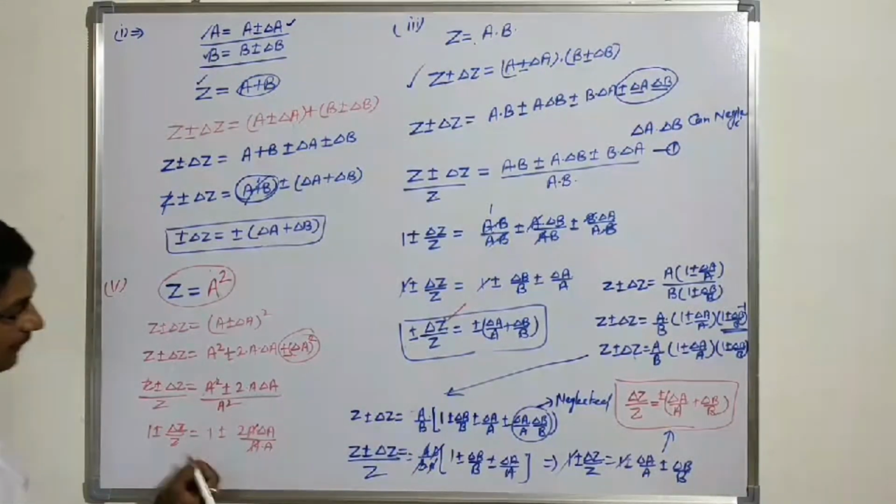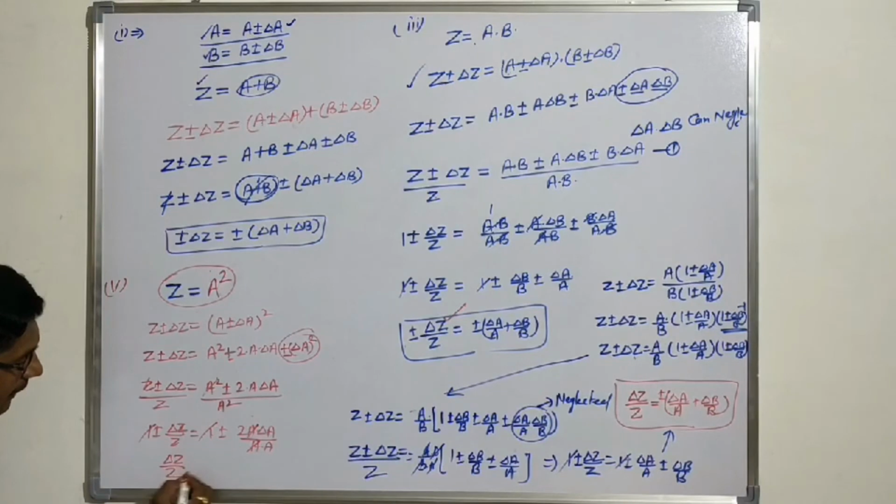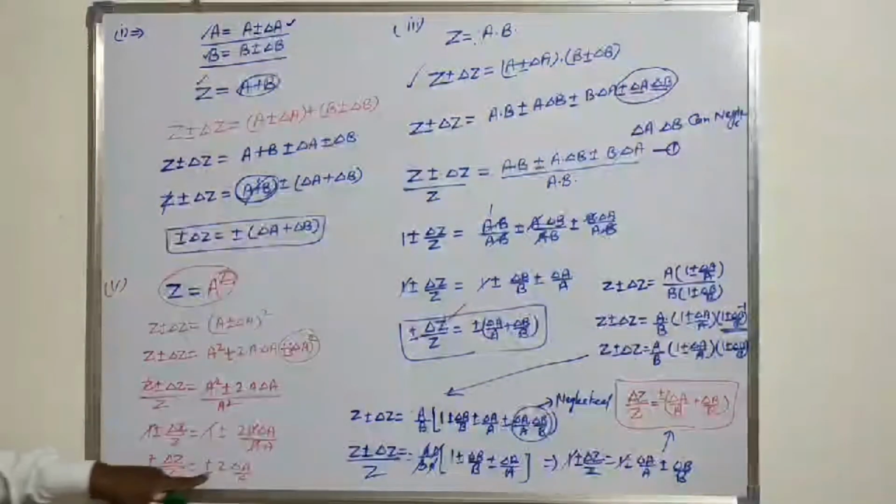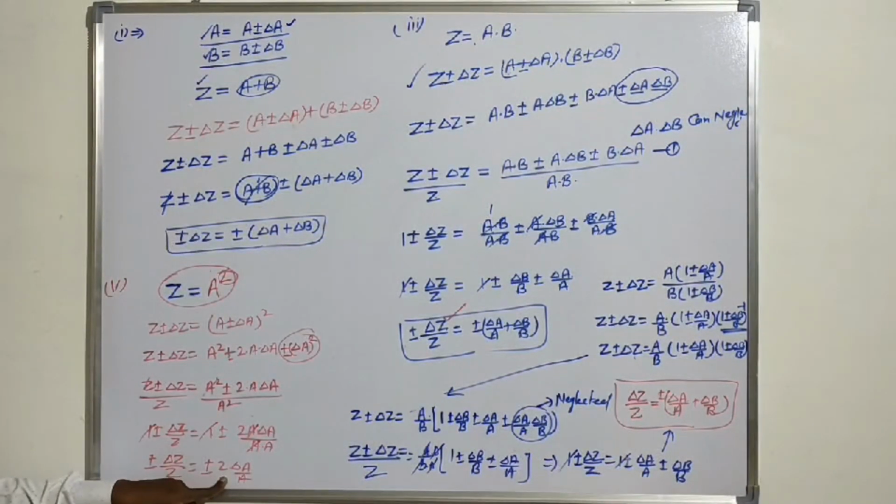So a to a cancel, and 1 to 1 cancel, so del z upon z is equal to plus or minus 2 del a by a. This power is multiplied to the error. This is the fifth operation.